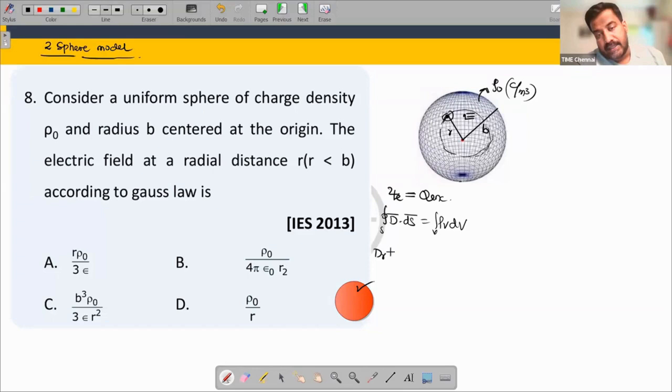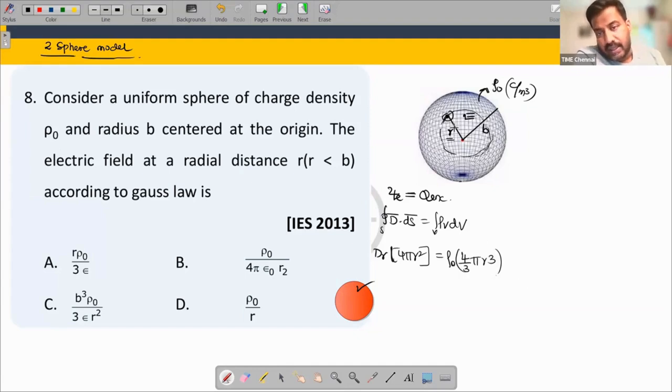This is Dr into the Gaussian surface of radius r, Dr into surface integral of dS, the surface area covered by the Gaussian surface, which is a sphere of radius r, Dr into 4 pi r square. Rho v, volume charge density, is rho naught. Volume integral of dv is 4 by 3 pi r cube.